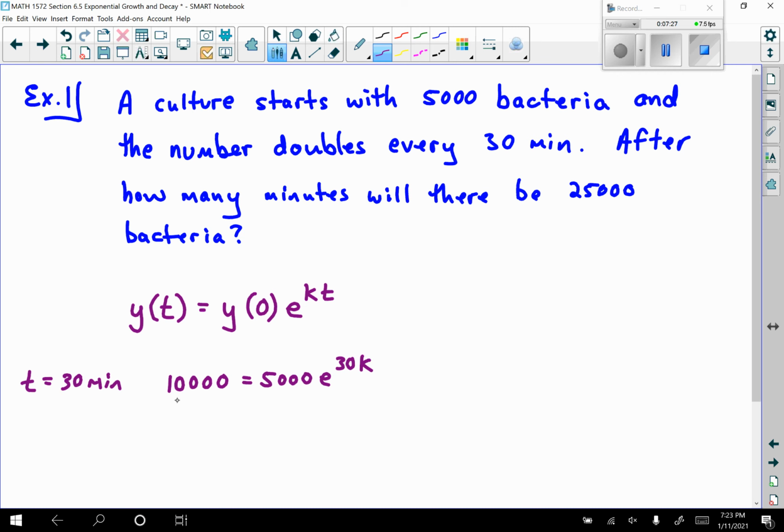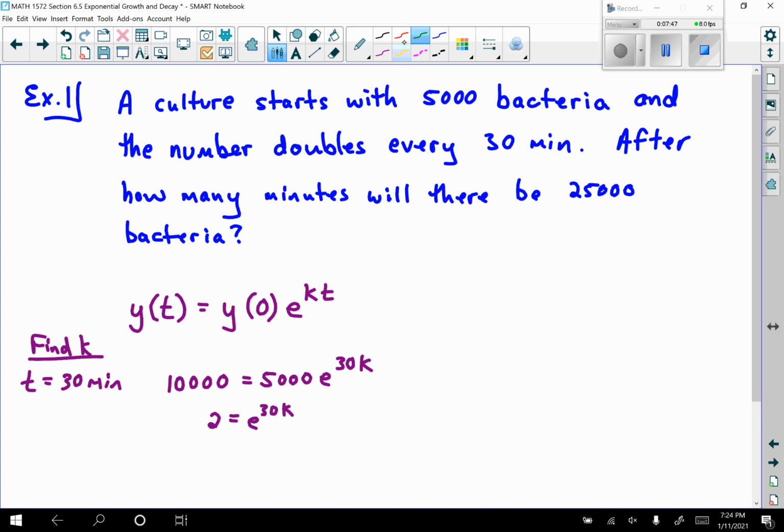Well, now we could just start to solve this. Again, we want to find k. So we could divide both sides by 5,000, so we'll just get 2 is equal to e to the 30k. What are we going to do to get rid of e?